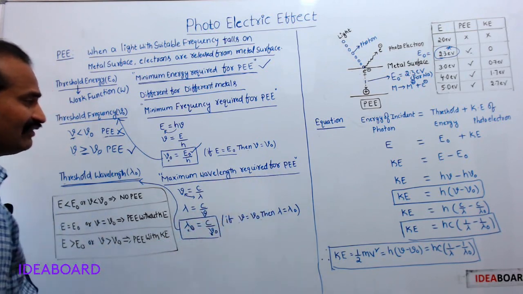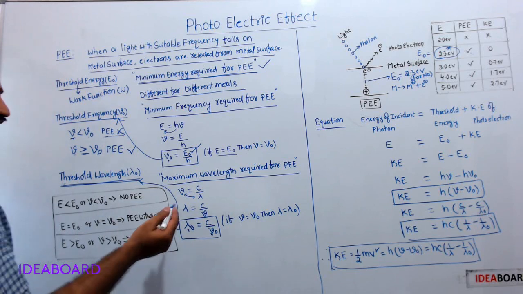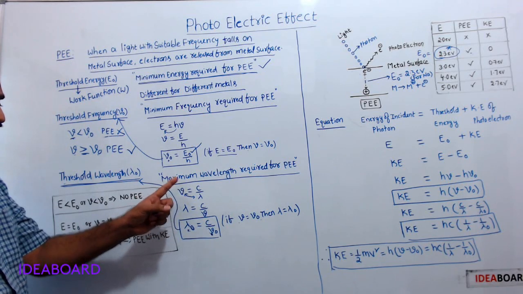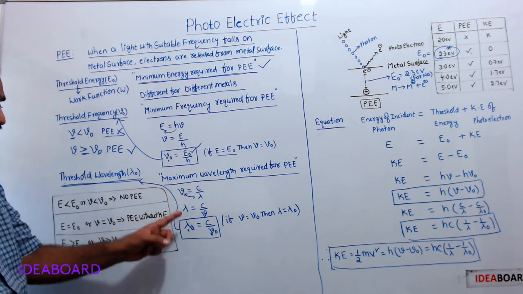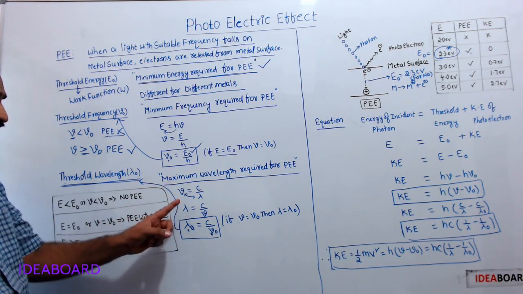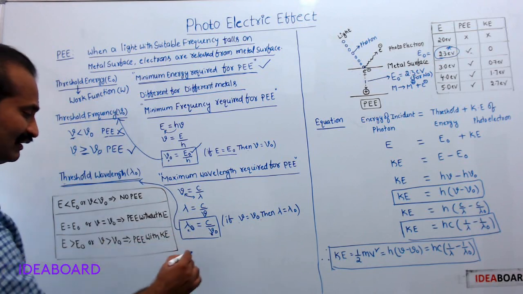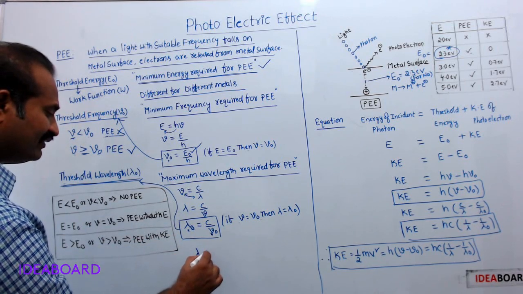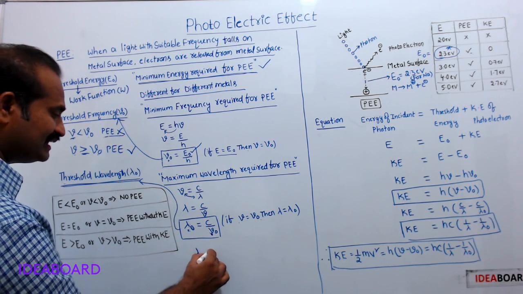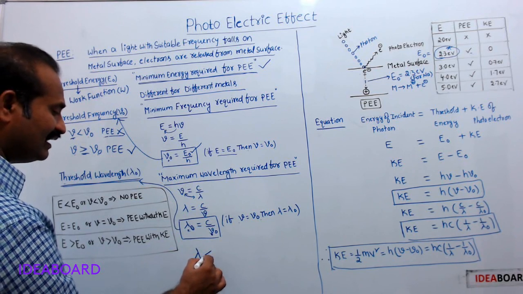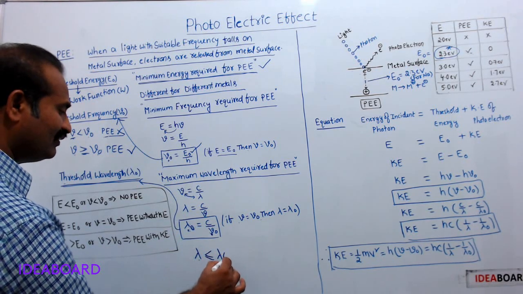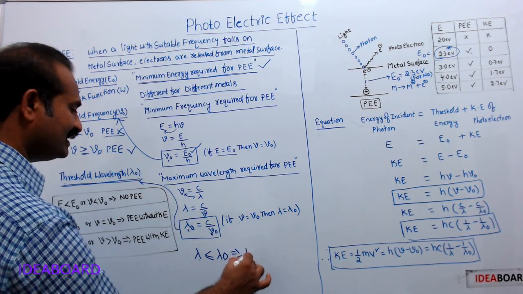Maximum wavelength required for photoelectric effect means if wavelength of incident light is less than or equal to lambda naught, photoelectric effect takes place.